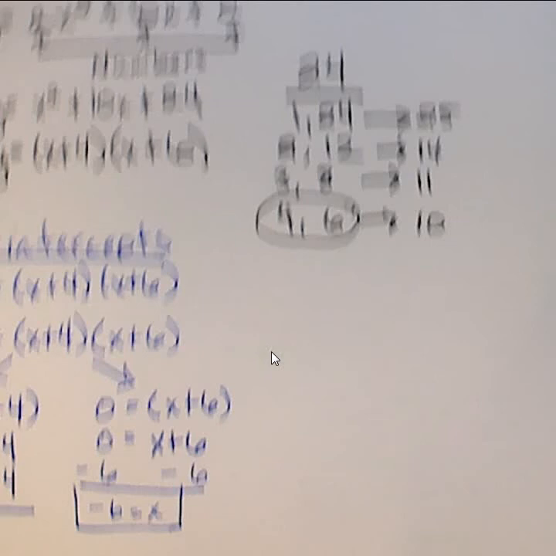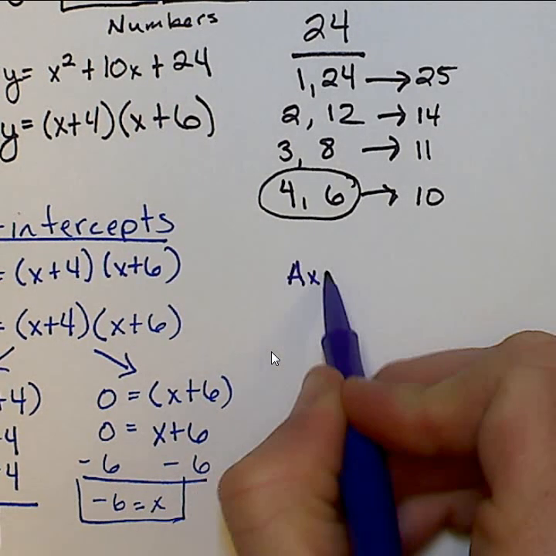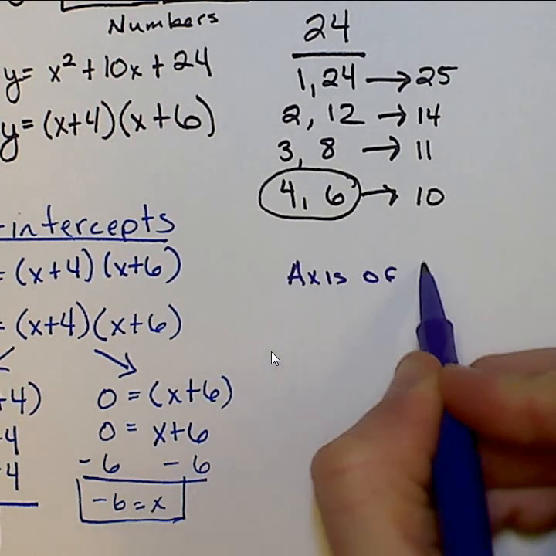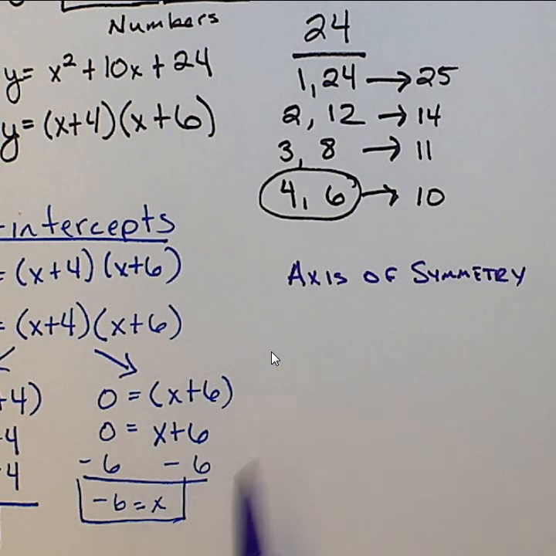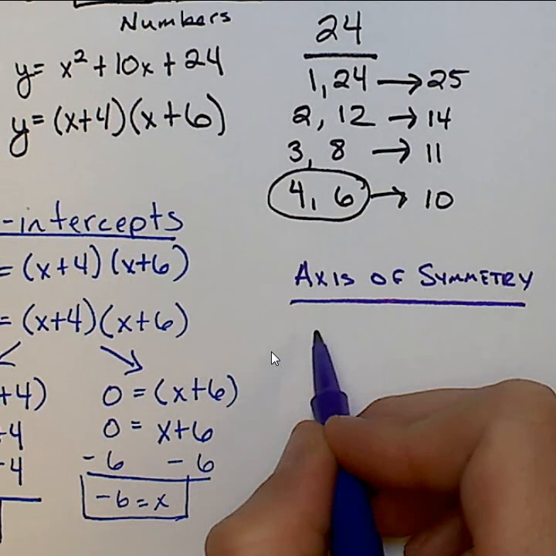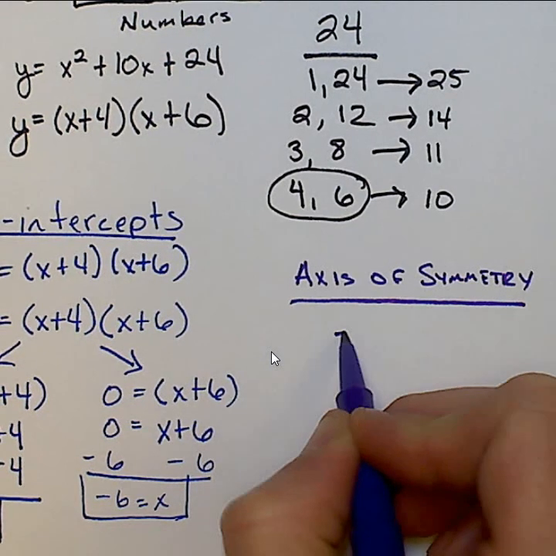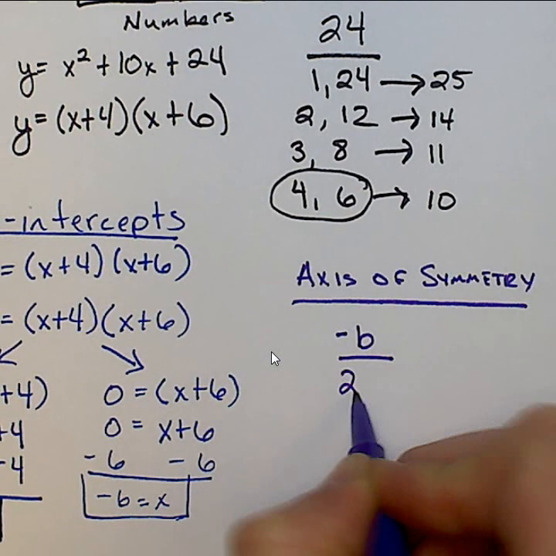Okay? So in order to find the axis of symmetry, I can take and find the opposite of my b value and divide it by 2 times my a value.